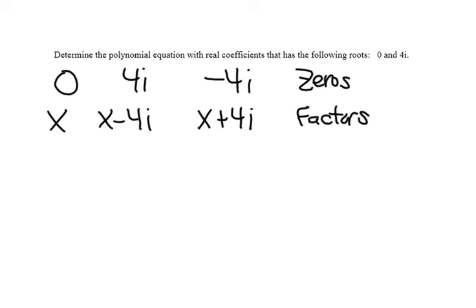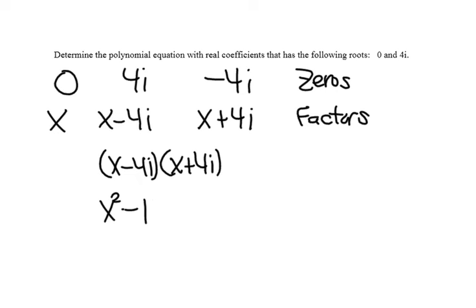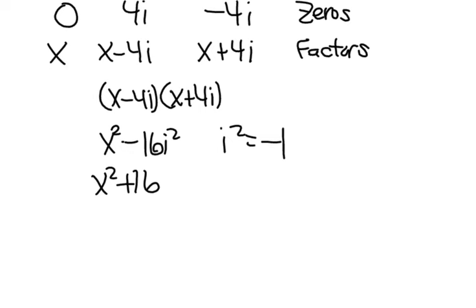Now we're just going to multiply. I'm going to multiply the sum and difference first. That's x squared minus 16i squared. But i squared is negative 1. So that's x squared plus 16. Now, I'm going to multiply that by x.